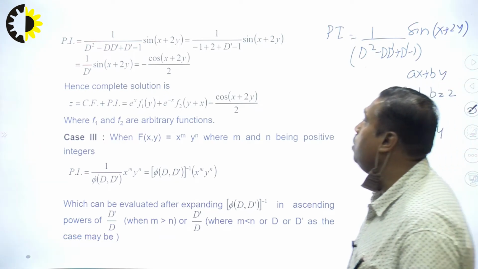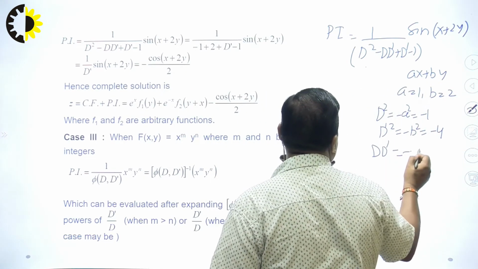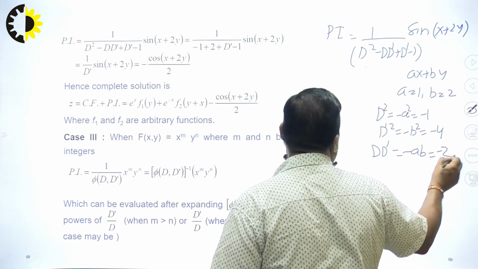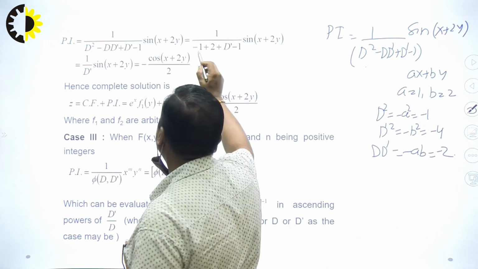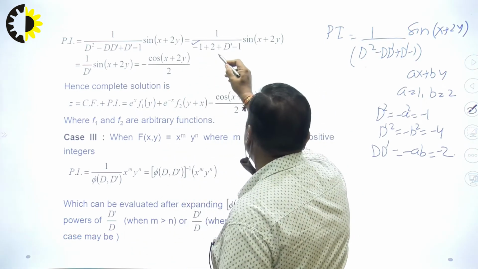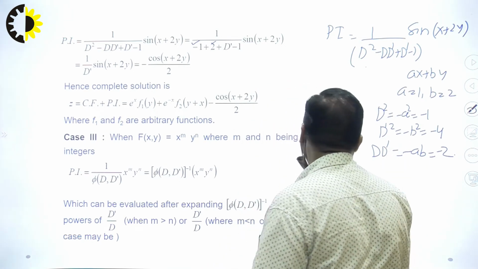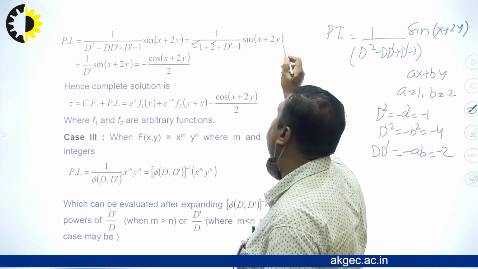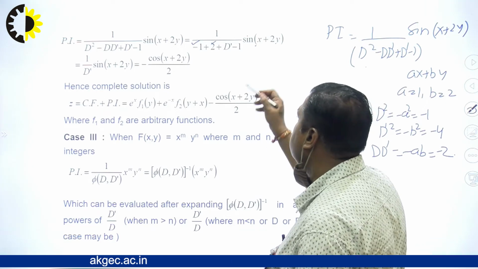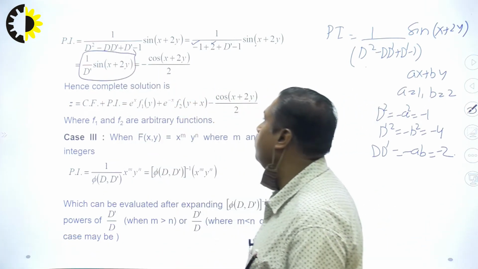And DD' is equal to minus ab, and that will become minus 2. Substituting these values, minus 1 replaced for D², minus 2 replaced for DD', D' is left as it is because we cannot put the value of D' as minus. D' minus 1 into sin(x + 2y), and that becomes 1 upon D' sin(x + 2y).